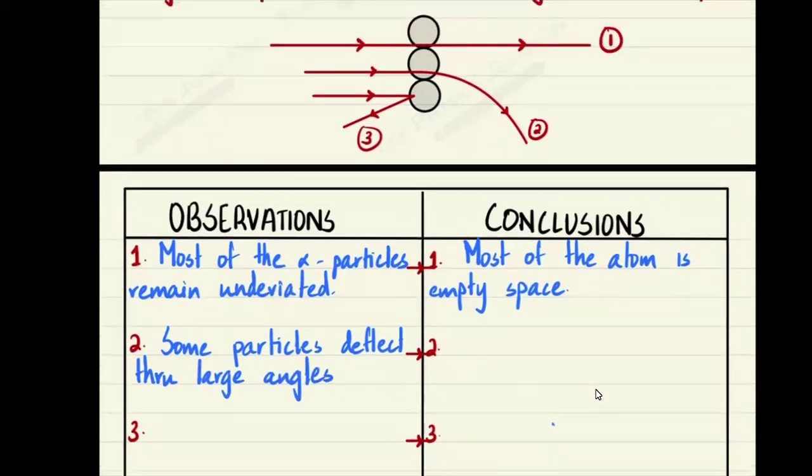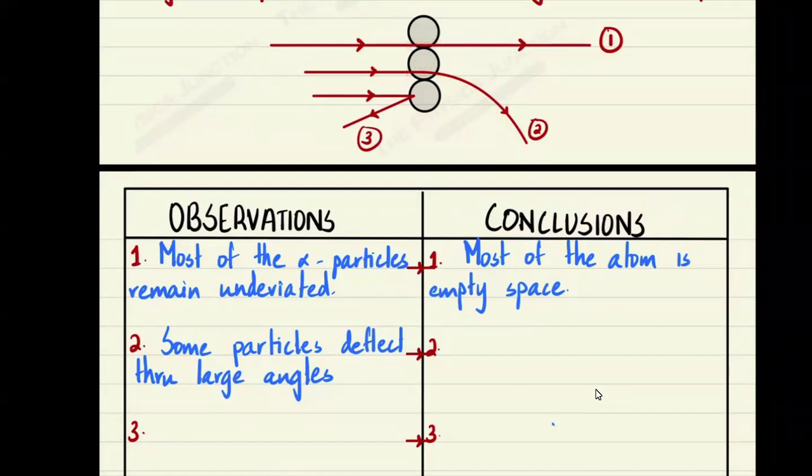Now we can see the direction of deflection from this diagram here. We know these are positively charged particles, right? So for them to be deflecting away, for them to basically be repelled, what charge should the nucleus have? Right? Because if you also look at the geometry, this one is slightly closer to the center as compared to this one.